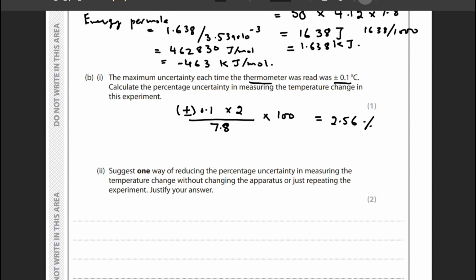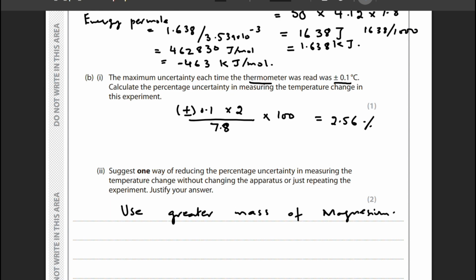Now suggest one way of reducing the percentage uncertainty in measuring the temperature change without changing the apparatus or just repeating the experiment. Okay, you know that if you increase the values, the percentage uncertainty decreases. So if we take the greater mass of magnesium, the percentage uncertainty will decrease.